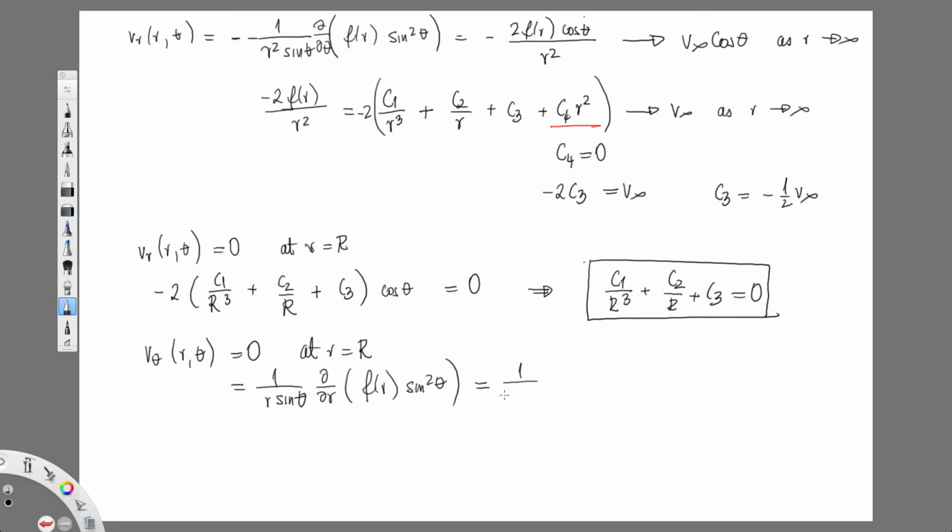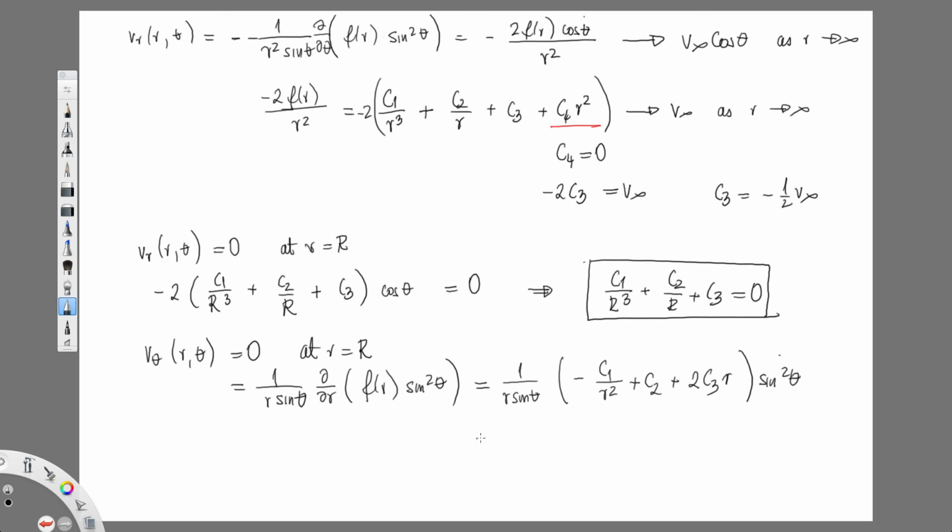So it's 1 over r sine theta times minus c1 over r squared plus c2 plus 2 c3, and the C4 is 0 anyway. Then I'm going to ignore the theta part because I cannot zero it out.